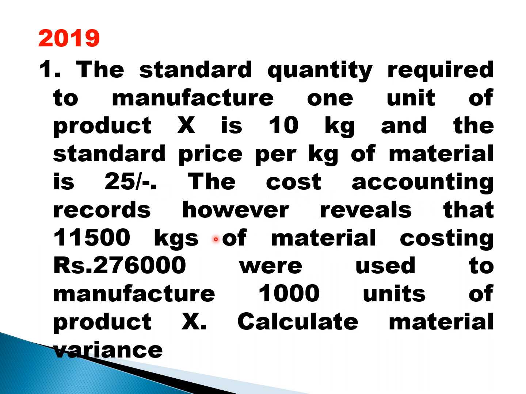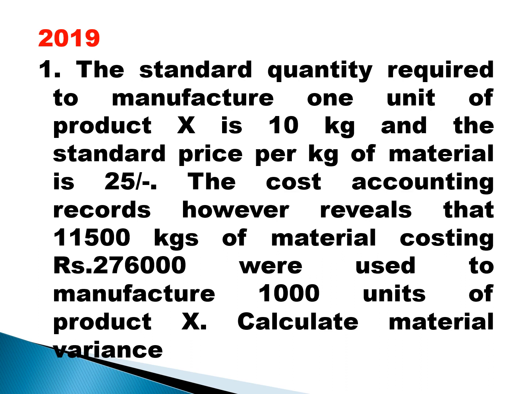The cost accounting records, however, reveal that 11,500 kgs of material costing rupees 2,76,000 were used to manufacture 1,000 units of product X. So 11,500 kgs of material were used to manufacture 1,000 units.